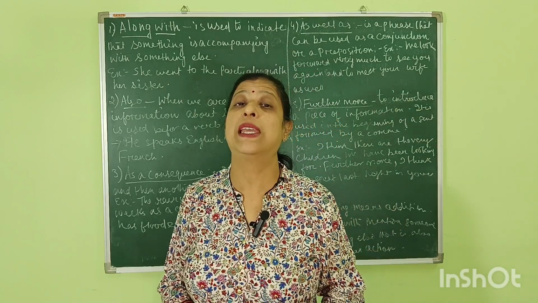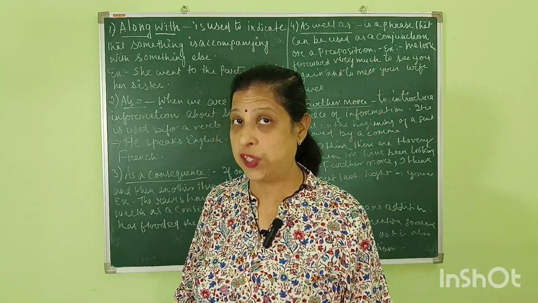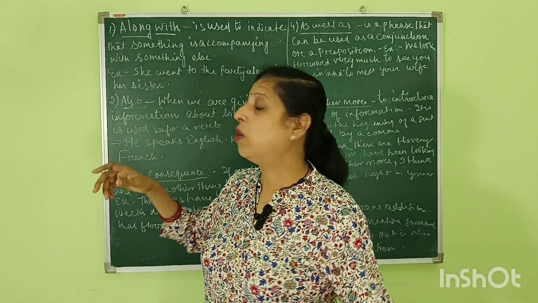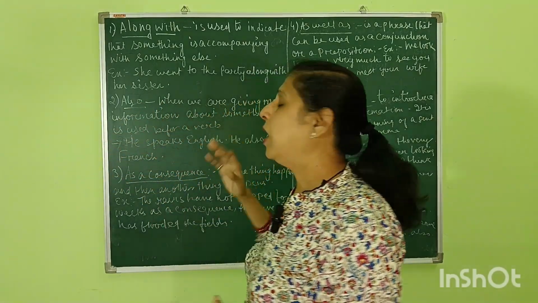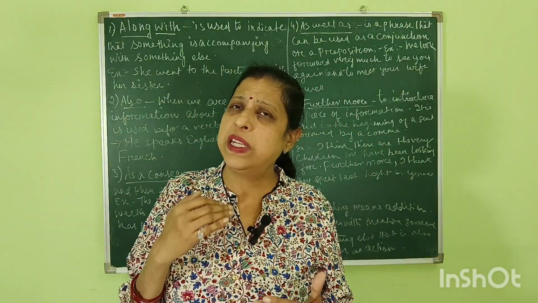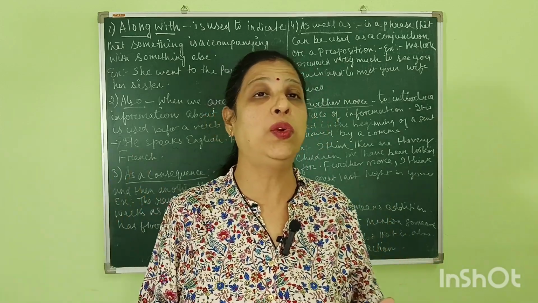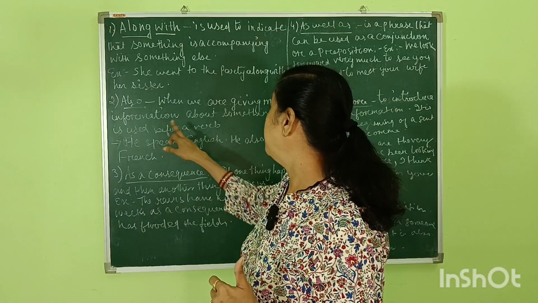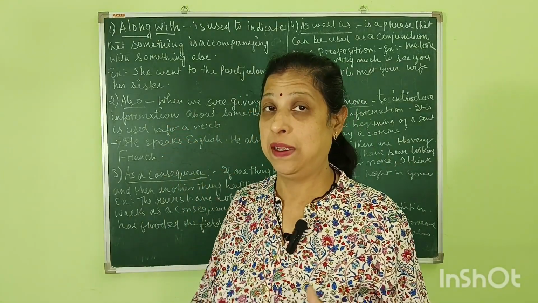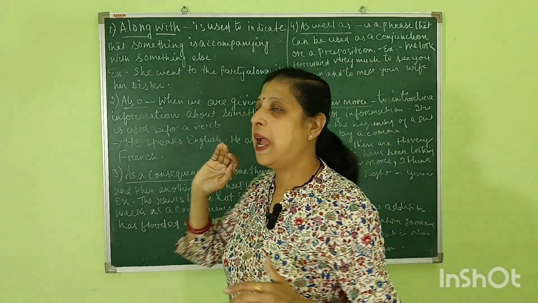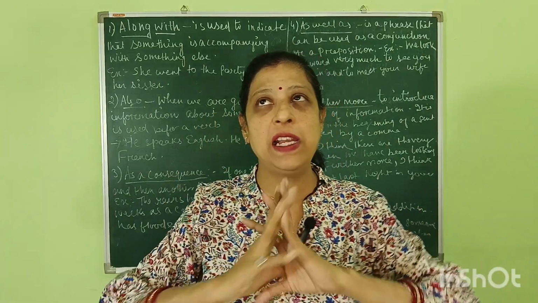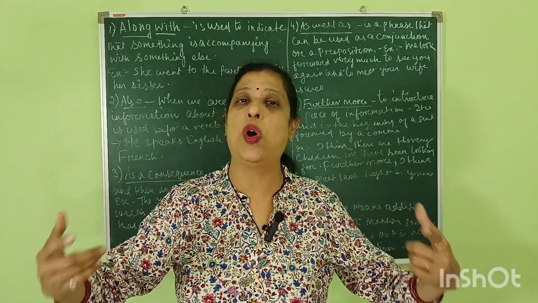Okay, instead of using and, we can use also. When are we using also? When we are giving some more information, some detailed information. When we are giving some detailed information, we use also. Information about something, and when we are giving detailed information about something, we use also.